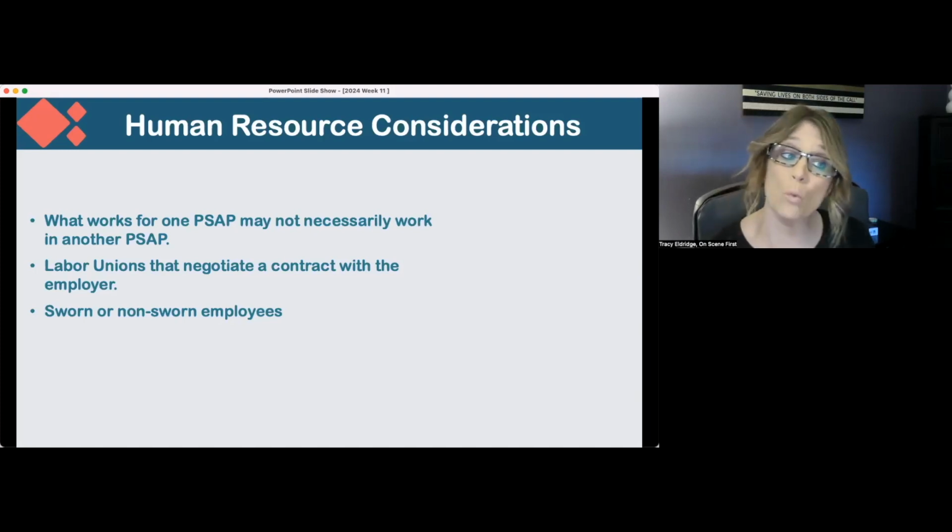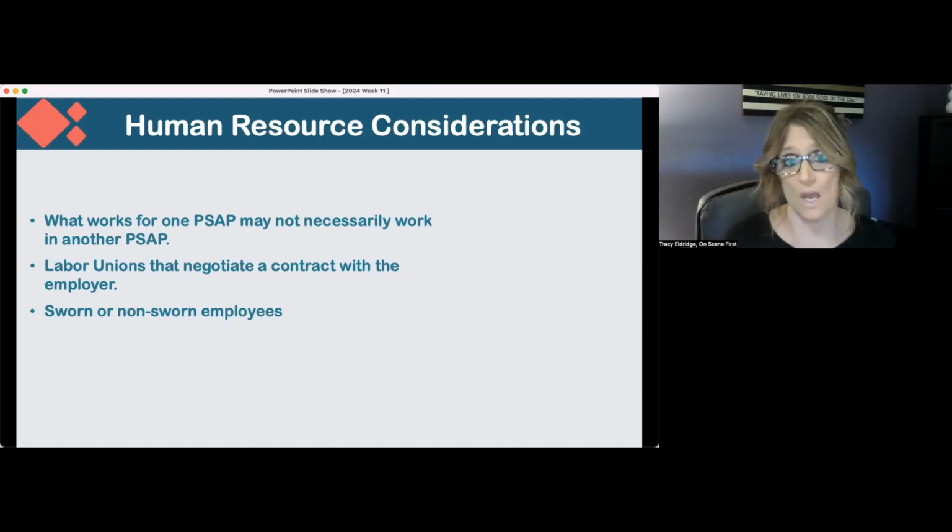And then sworn versus non-sworn employees. There are different state laws that dictate how many hours certain positions can work in a row. So that may be a human resource consideration, and we just need to be careful there. Some agencies will have both sworn and non-sworn personnel that actually work in the communication center.